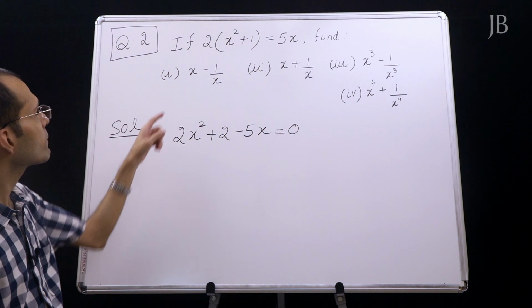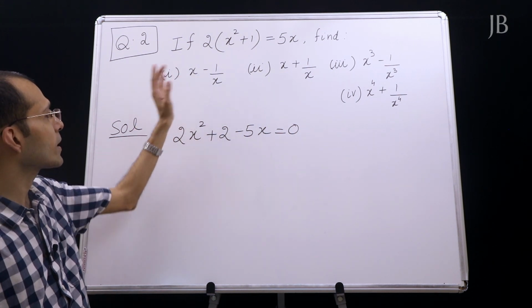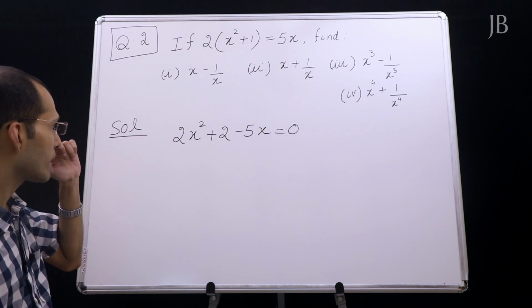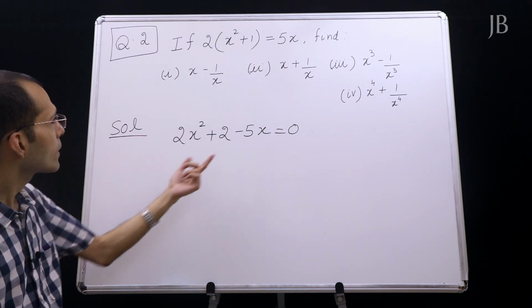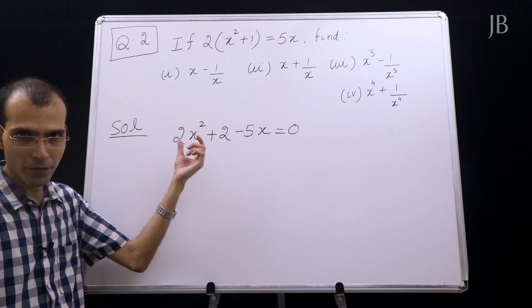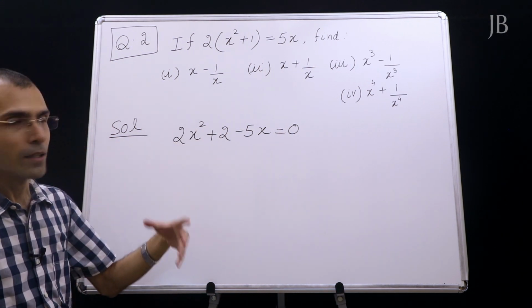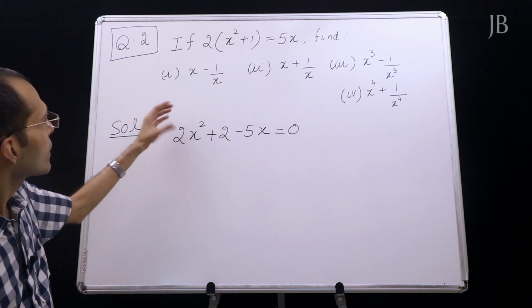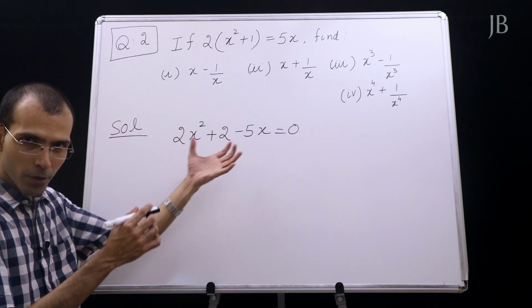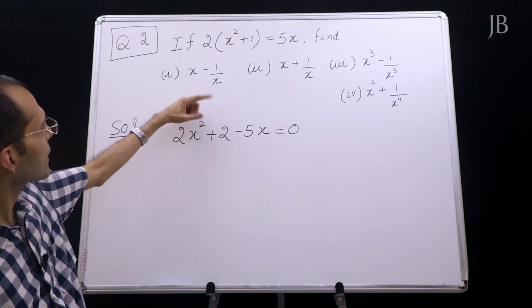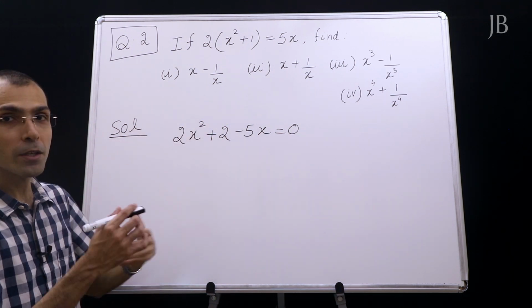Now what do we want? We want x minus 1 upon x, the value. So let us see how we go about it. You collect the x terms together first and keep the number on the other side. In such kind of sums, you keep all the x components together and the number on the other side, because once you look at the question, one can judge how it will go.